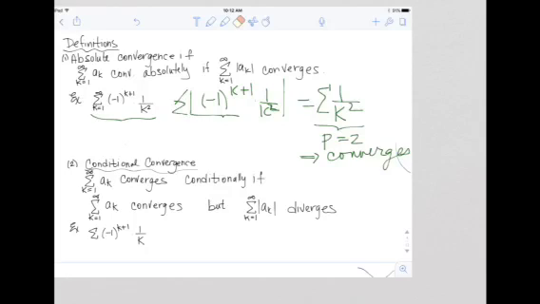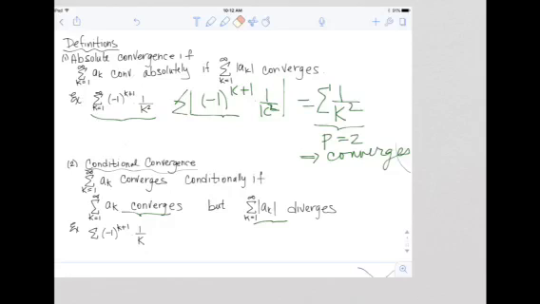On the other hand, the following series converges what's called conditionally. If a series converges when there are no absolute value bars, but diverges when there are absolute value bars, it's said to converge conditionally.